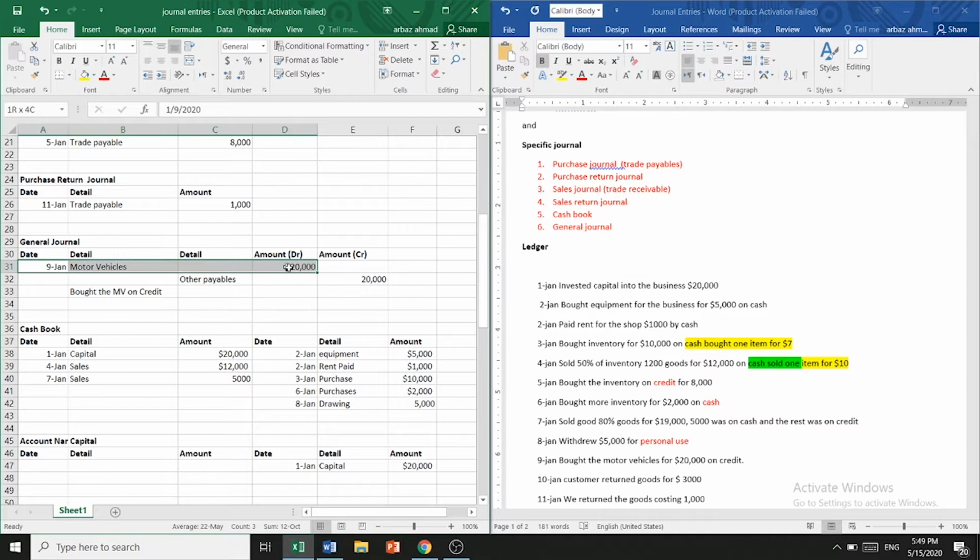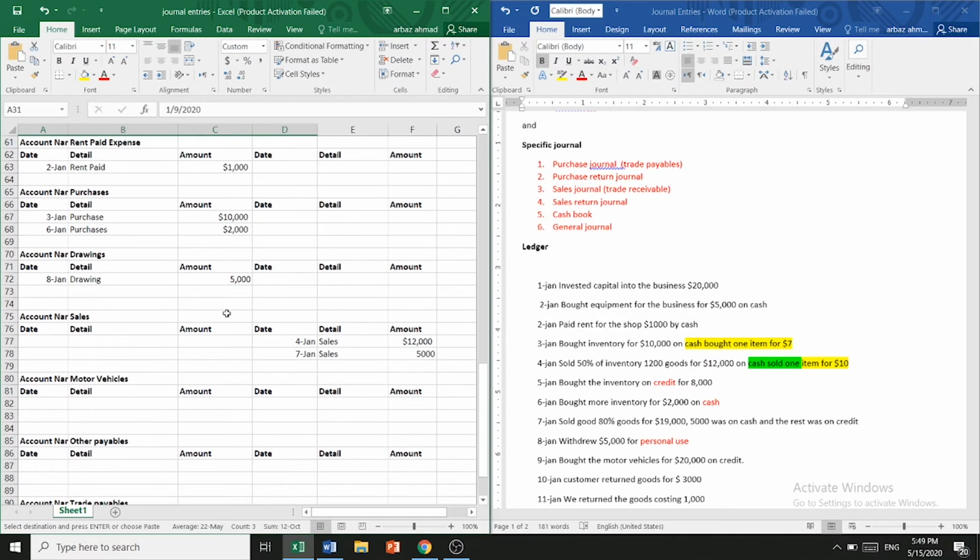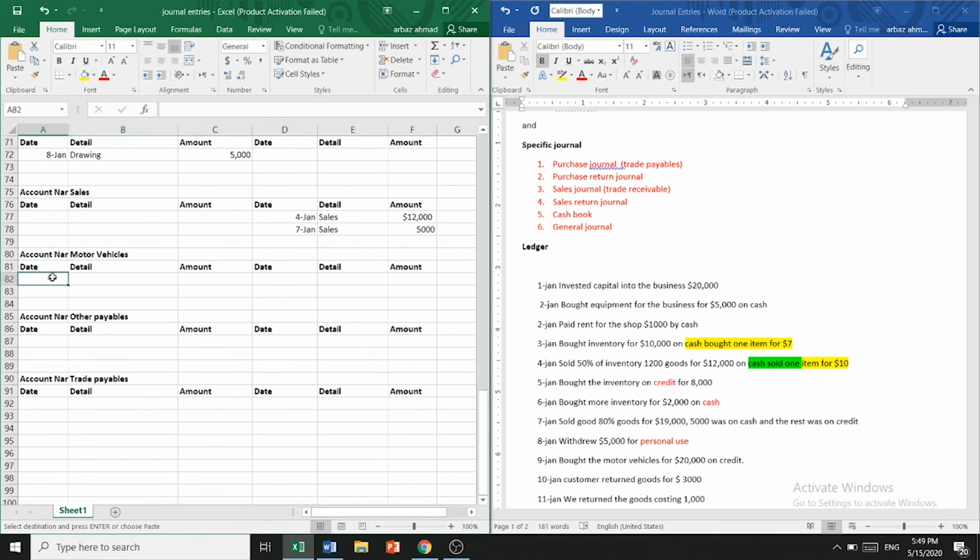This is the entry for motor vehicles and we are going to post it into this account. Other payables will be credit and this one will be other payables.